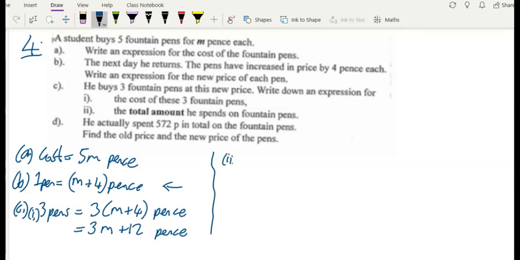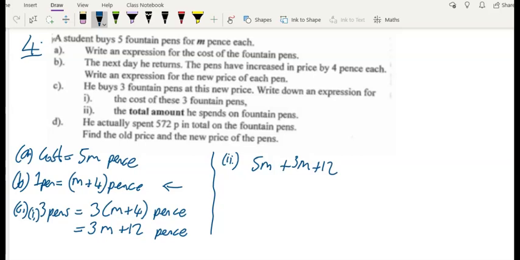C part 2 says the total amount he spends on fountain pens. So he's had a whale of a time buying fountain pens over these few days. So the student buys 5 fountain pens on the first day, so that was 5m on the first day, and the next day he returns and he bought 3 of those, 3 lots of those, sorry, it was 3m plus 12.